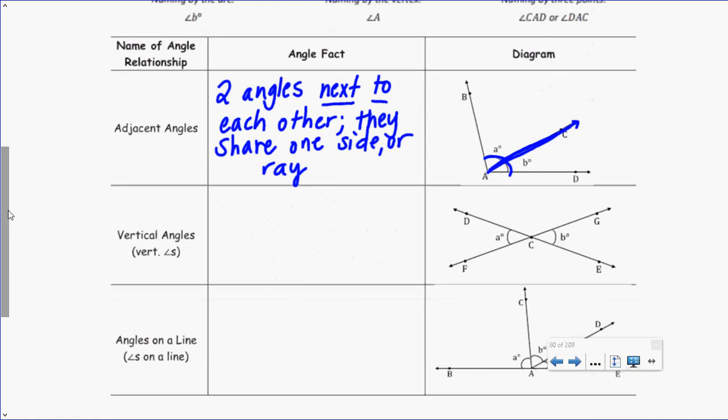Vertical angles. This one is going to specifically help us in our angle relationships in this video and in the lessons to come. So let's write it and then let's talk about it.